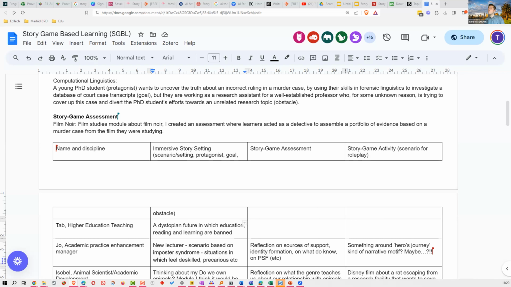That's also true with active learning approaches generally, right? There's research that shows that active learning approaches are good at reducing the awarding gap and supporting learners from non-traditional backgrounds. So a lot of learners will love it and be really motivated, but there'll be some learners that don't like it.